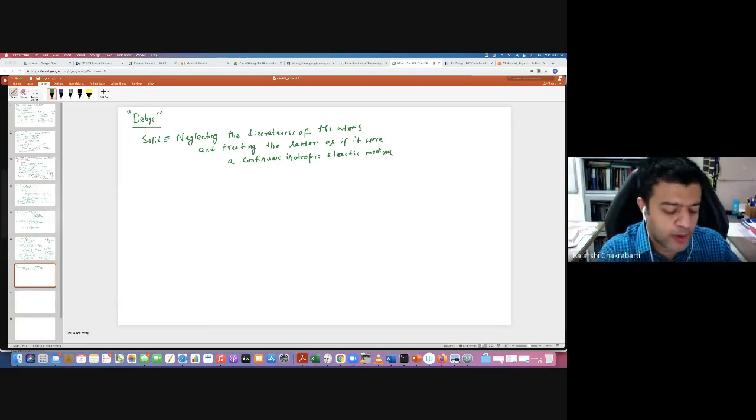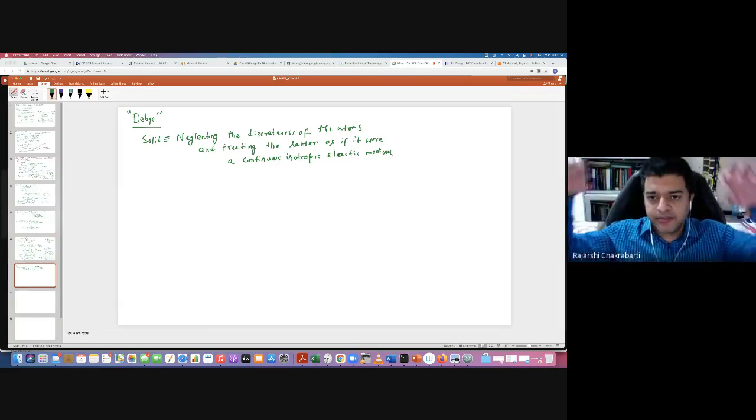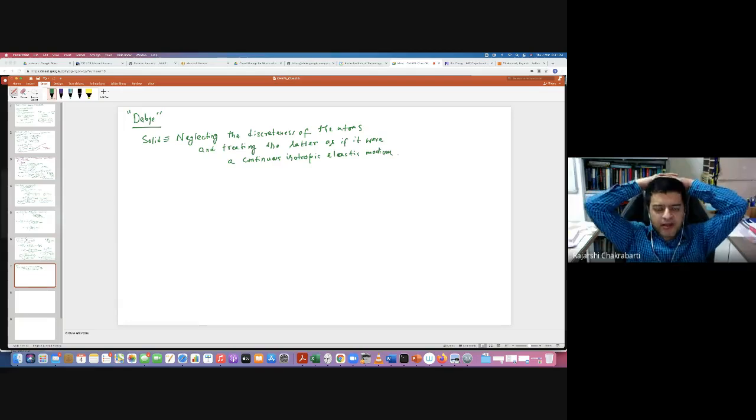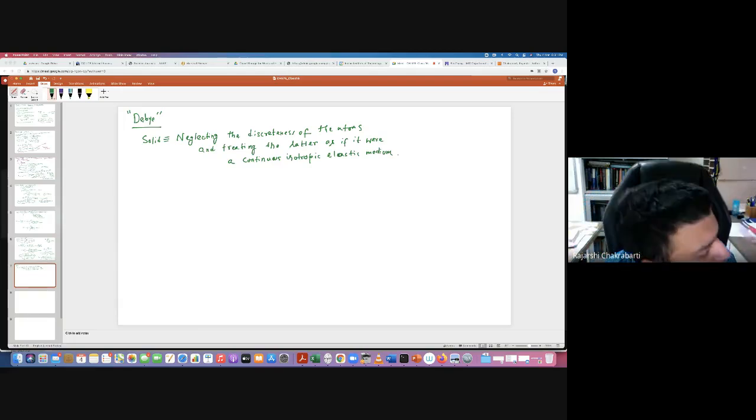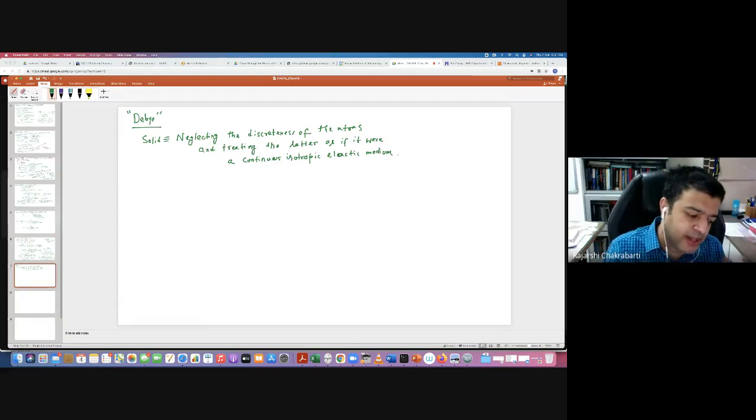So now go back to the solid. Each lattice site has an atom sitting there, isn't it? They're vibrating. But for the time being, if I can neglect the discreteness of the atoms, I describe this lattice as a continuous elastic medium. What does it mean?